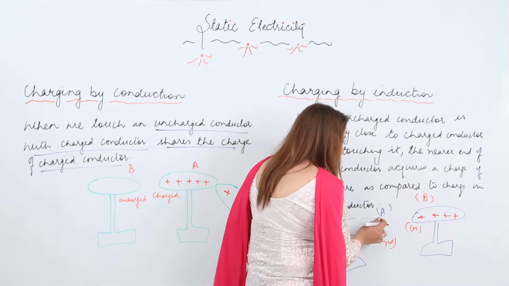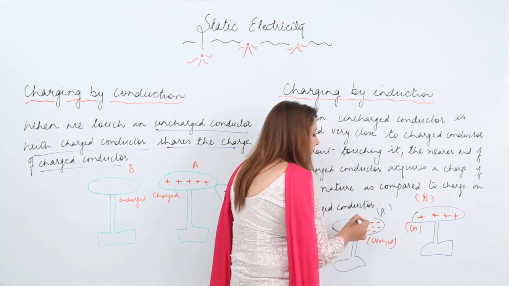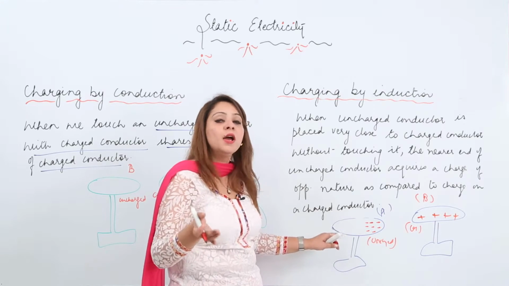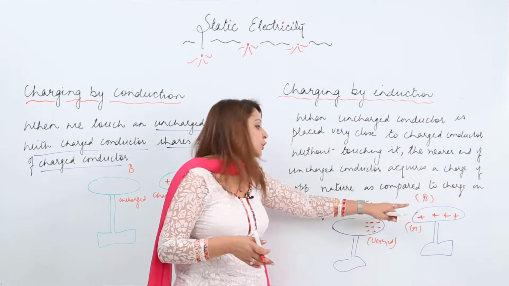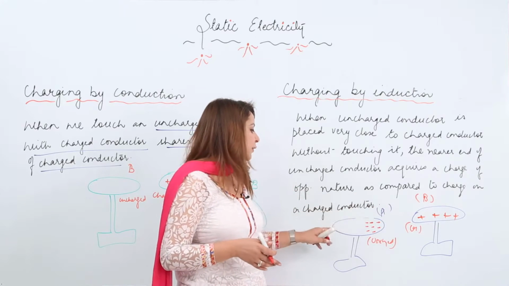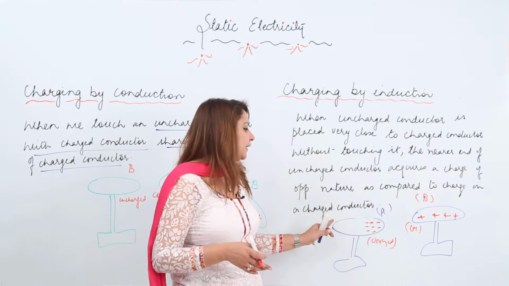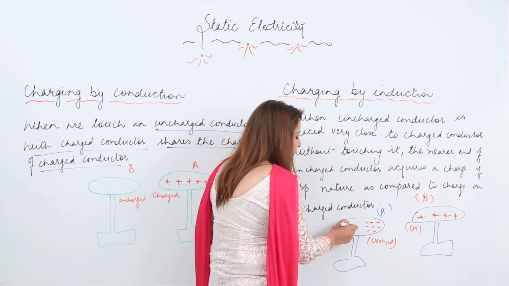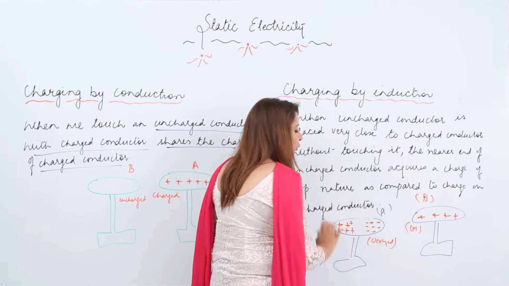As a result, this corner will acquire a negative charge, because many of the electrons which were uniformly distributed before are attracted after keeping it near the charged body. So there is now an unequal distribution of charges. The negative charge will move towards this corner, and as a result this side will acquire a positive charge, because it will become rich in protons.